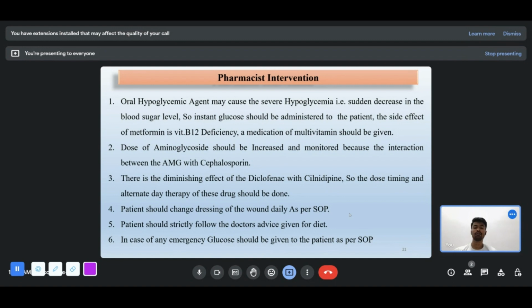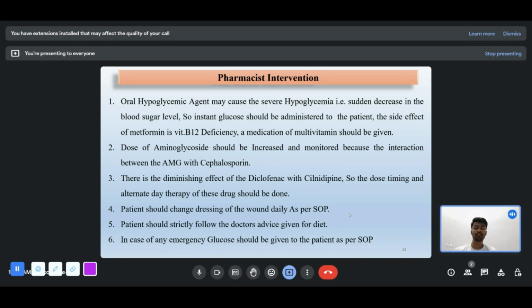Side effect of metformin is vitamin B12 deficiency. A medication of multivitamin should be given. Dose of aminoglycoside should be increased and monitored because of the interaction between the aminoglycoside and cephalosporin. Earlier, I just told you that aminoglycoside should be increased and monitored because of the interaction between these two drugs.